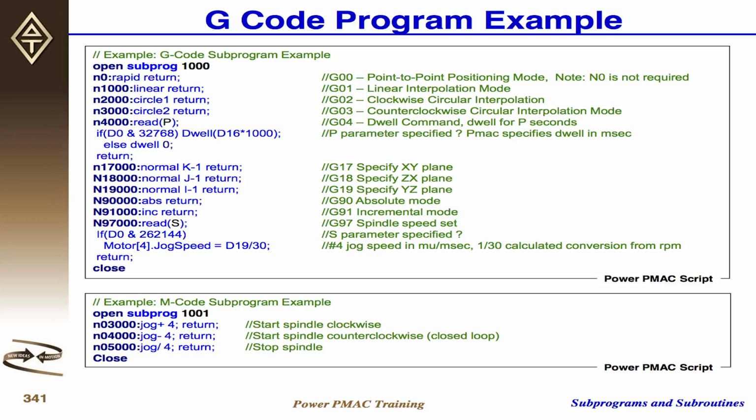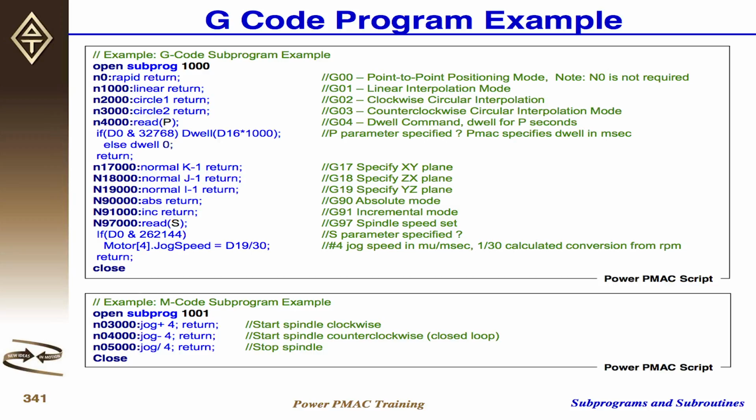G97 is a spindle speed in standard code. So it will tell you G97, then S2000, 2000 RPM. So you're going to go to the 97,000 and colon read S, and you want to check now the S is the 19th letter of the alphabet.